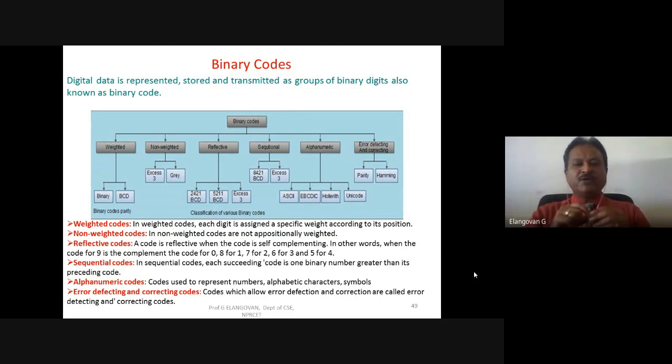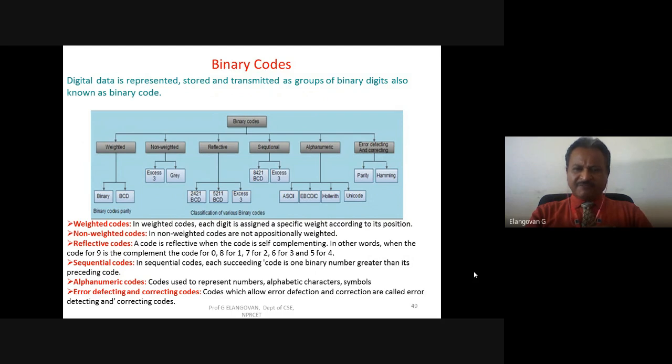A non-weighted code does not have fixed positional values. The weighted code examples are the conventional binary numbers and BCD codes. These are all weighted codes. For non-weighted codes, XS3 code and gray code fall under that category.